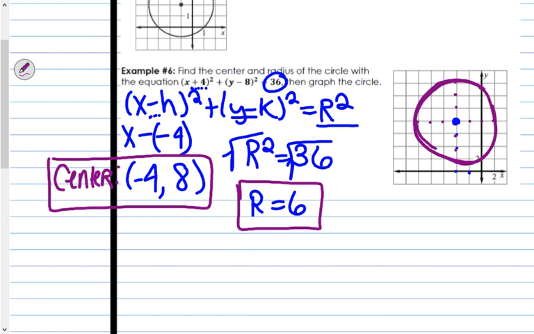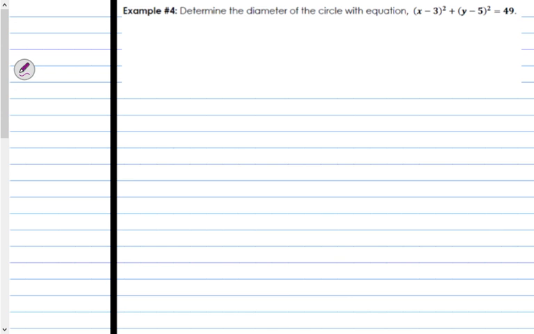That's that. Okay, that being said, I want to go back now to number 4. Determine the diameter of the circle with that equation. Well, diameter is related to radius.